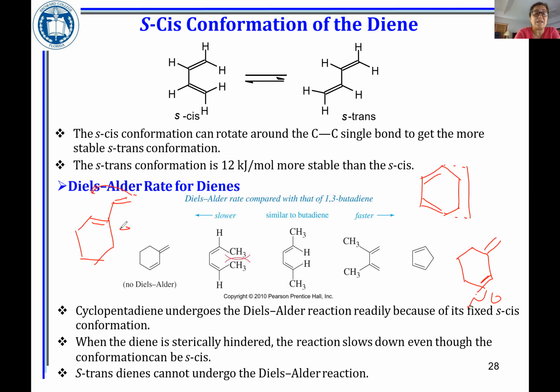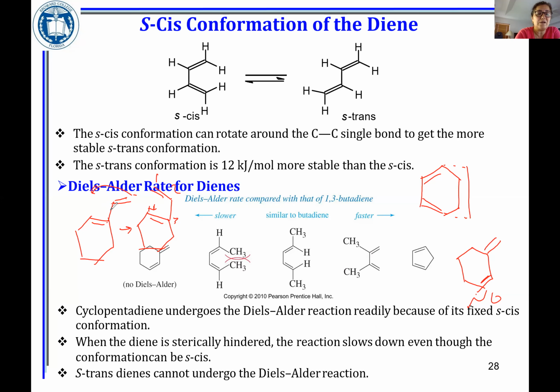And when it does rotate, you will get this. So this side of the molecule is going to give you 1, 2, 3, and 4. You see the difference? In this case it's restricted to the ring. There's no rotation.